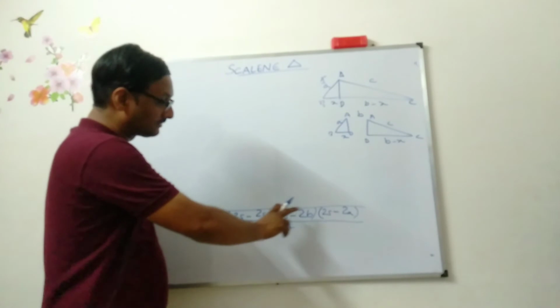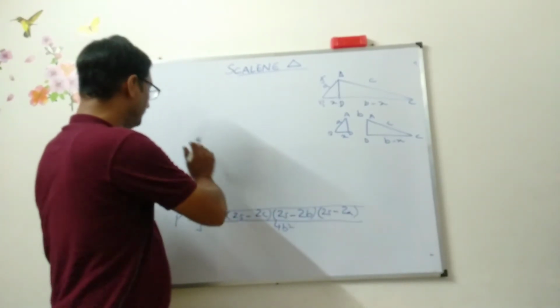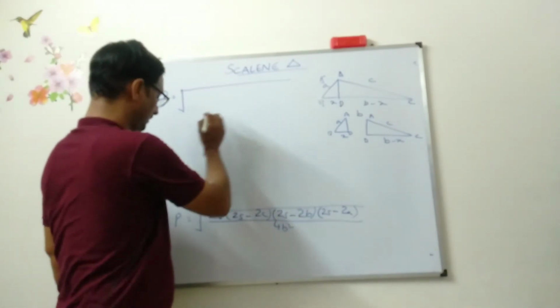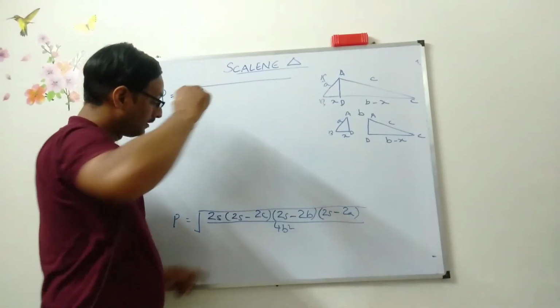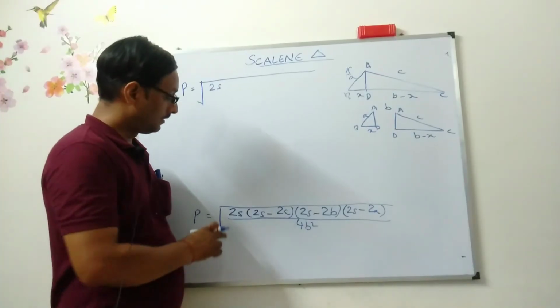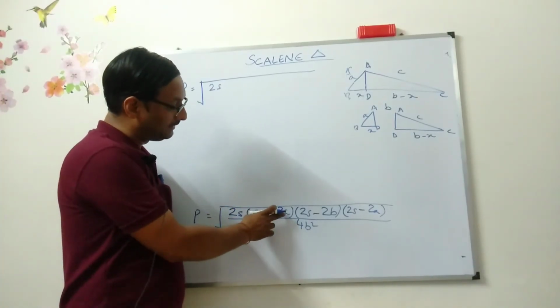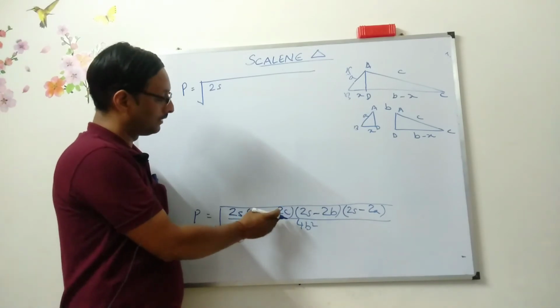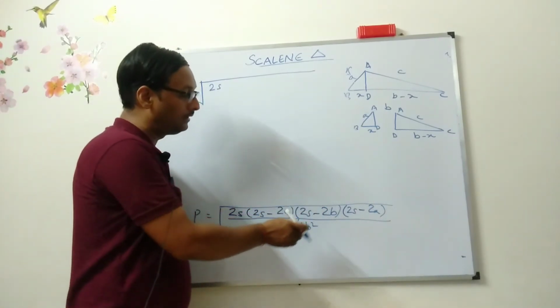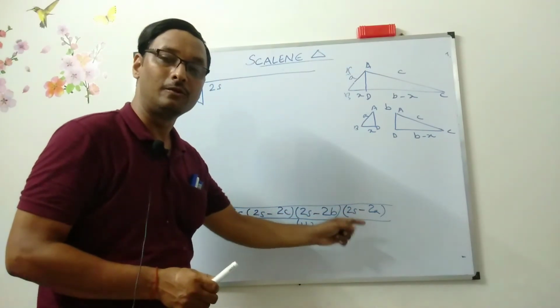Now, what is common between them? From 2s minus 2c, 2 is common. In 2s minus 2b again 2 is common, and in this one also 2 is common.